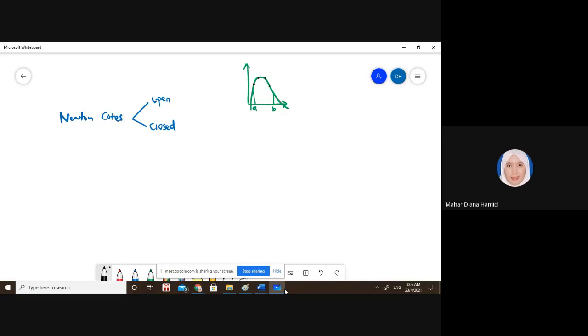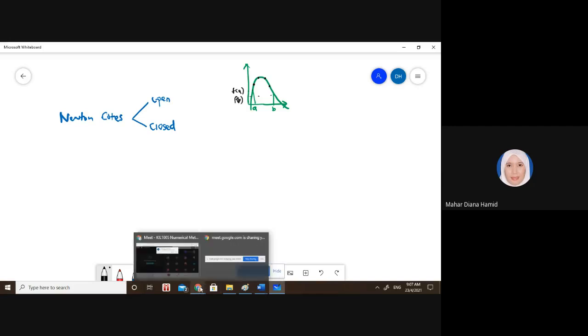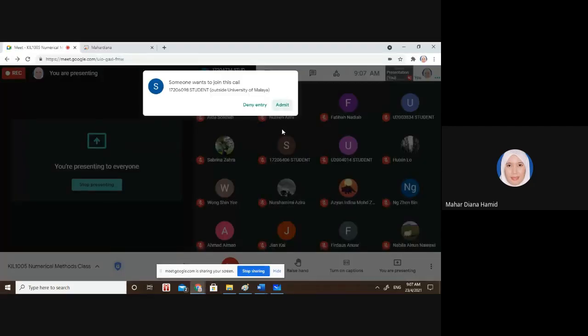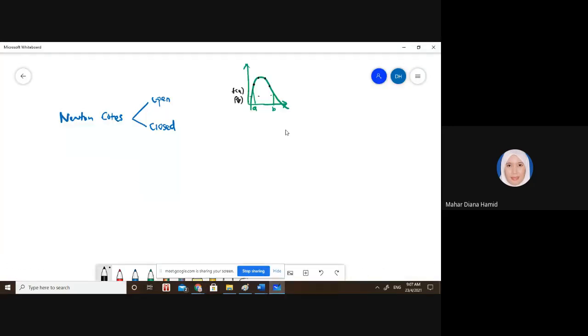As you can see, the limits extend beyond the range of the data, so what we need to do is extrapolation, in order to find the value of FA and also FB. So this is for open method.